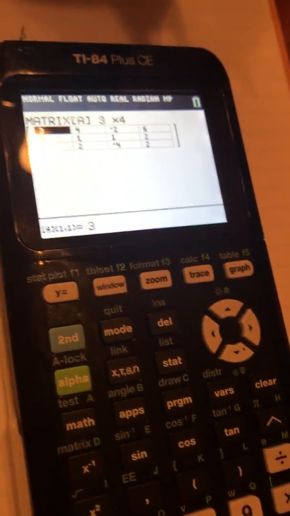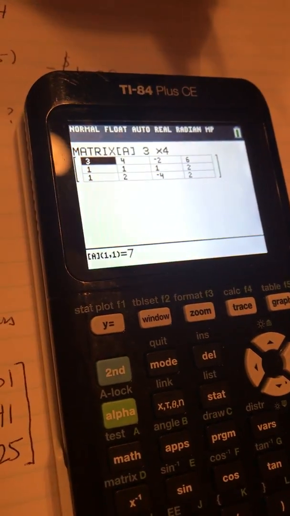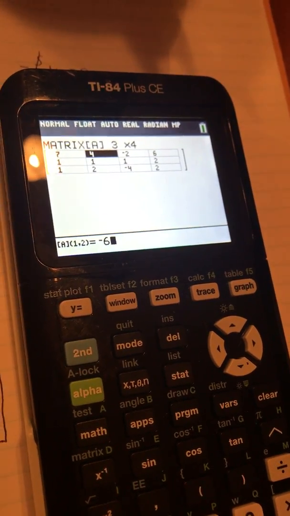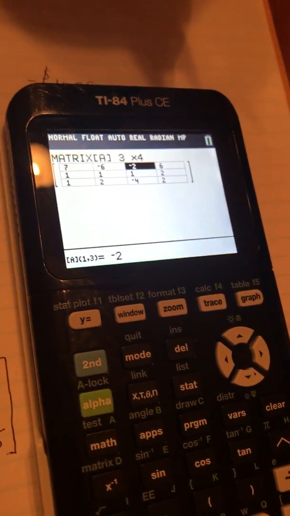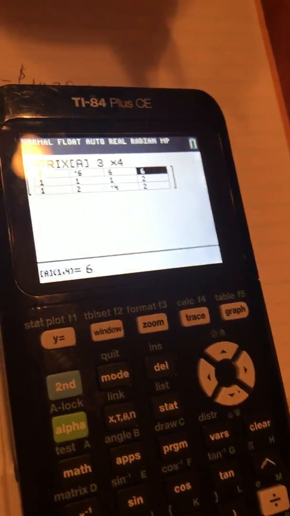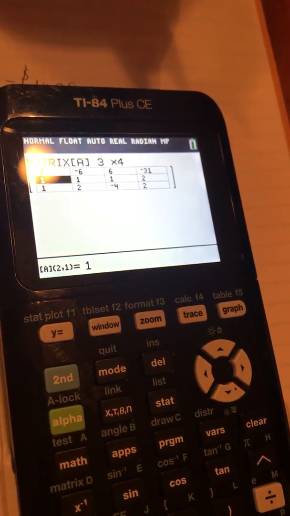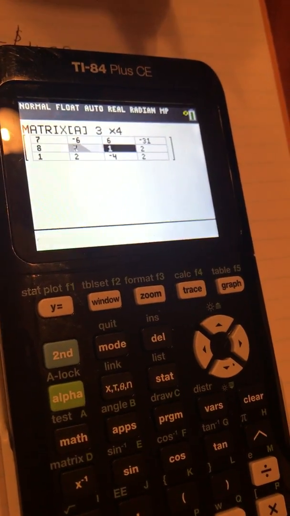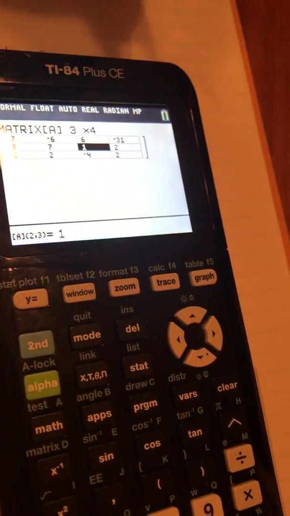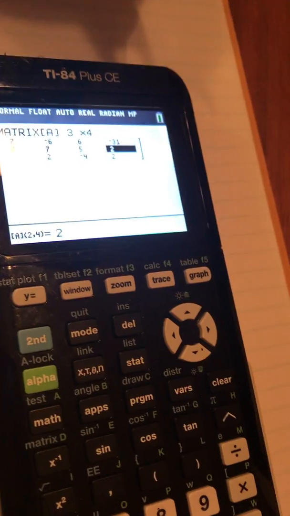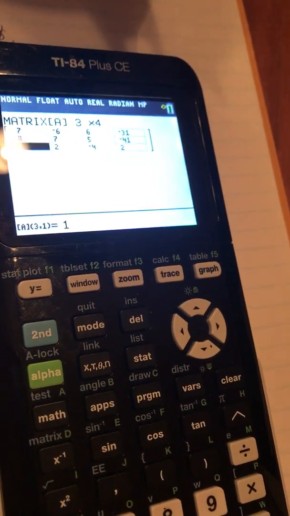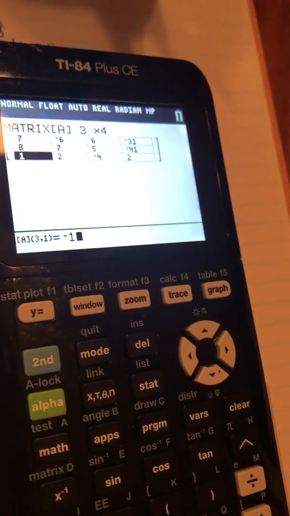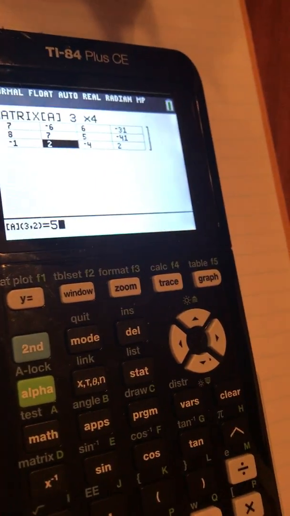You can see in this calculator it's really nicely displayed. The other one wraps around and you have to really pay attention and then call it up later to make sure that you put in the right numbers. This one you can see it all at once, which is one of the things I like about this newer calculator. Also, the fact that this one can be charged is a bonus.